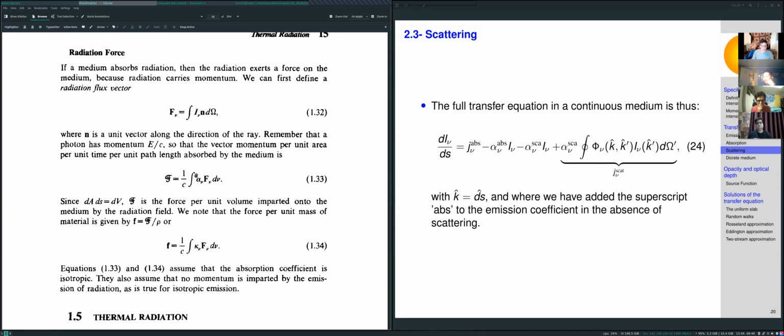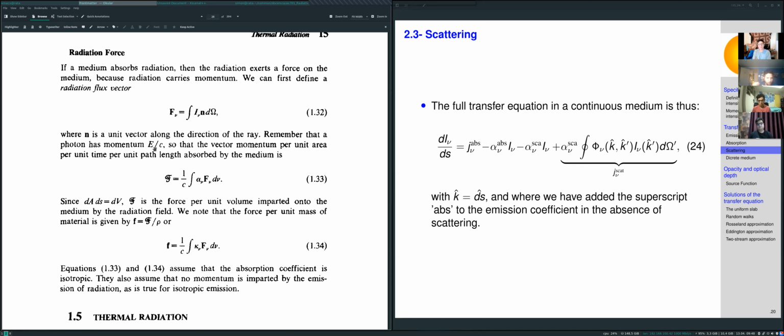That makes sense because each photon has a momentum equal to the energy divided by c, so we expect that the force will be proportional to the amount of photons absorbed in the medium. Well, there is no factor of 2 here.